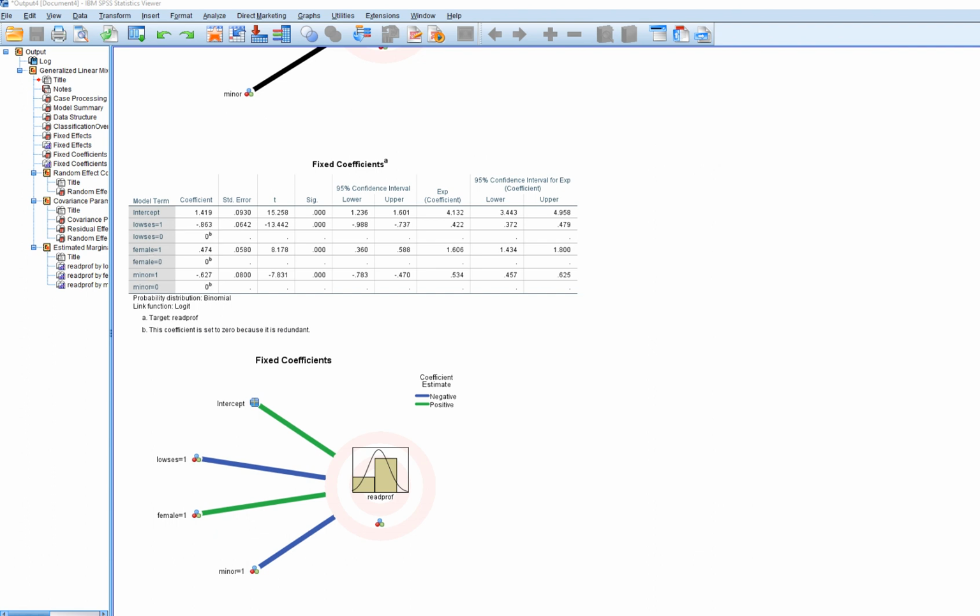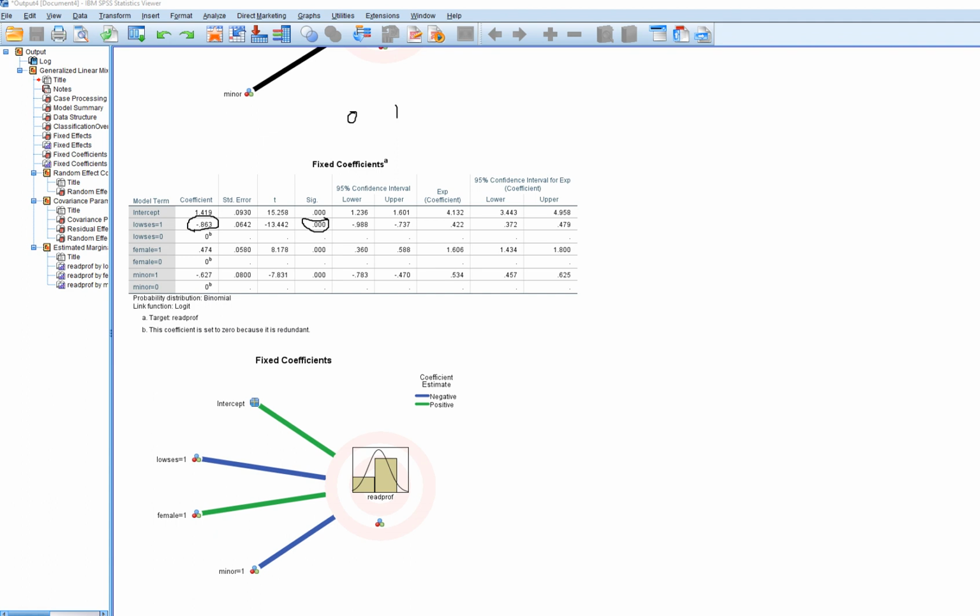At any rate, when you're looking at this difference right here, it's in the form of log odds, but you could roughly interpret this negative value, given the coding of low SES being 0 and low SES being 1, as indicating that a person who was identified as being low in SES was less likely to fall into the reading proficient group. So there's that negative coefficient here, and the relationship between the low SES variable and reading proficiency was statistically significant in the model.